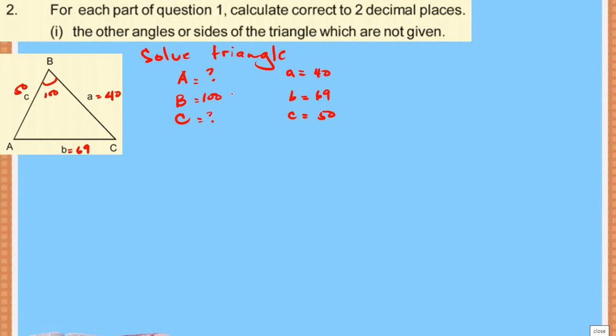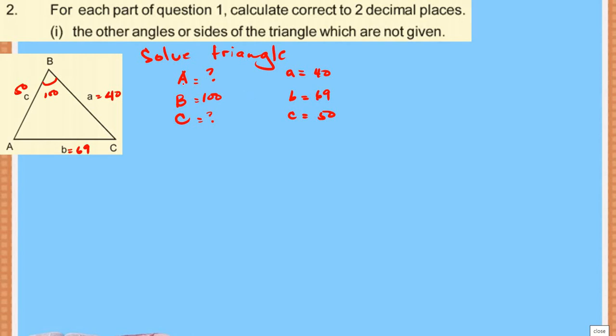How are we going to solve for this? For angle A, we don't have angle A now, we don't have angle C. We need to solve for all the other parts of the triangle. So, what are we going to use here? You may use the sine law, or you may use the cosine law.